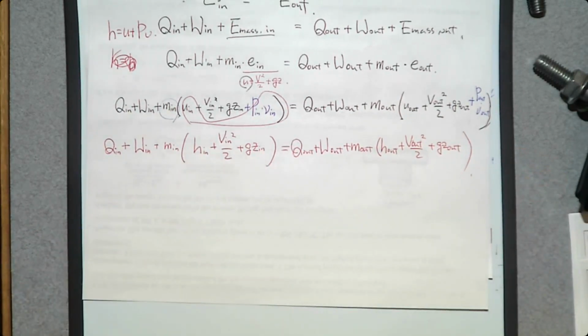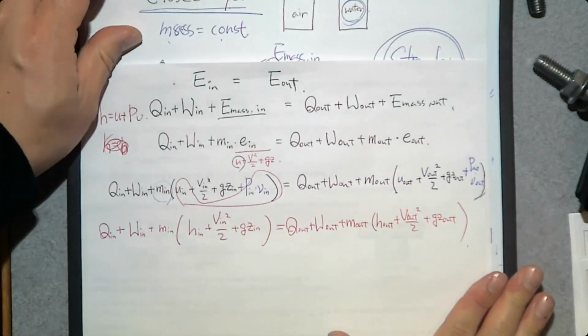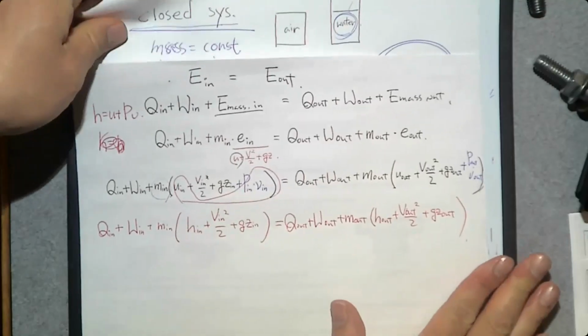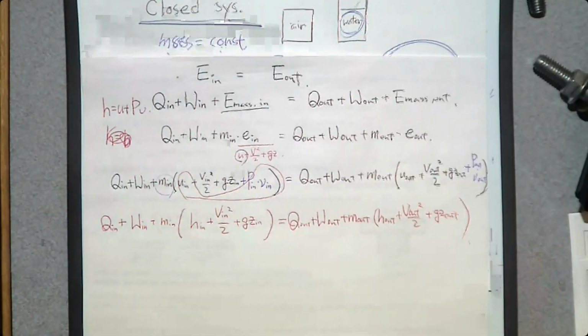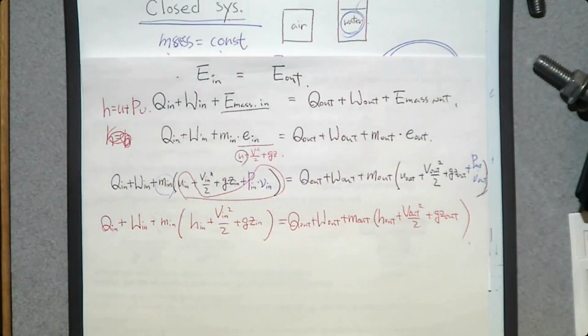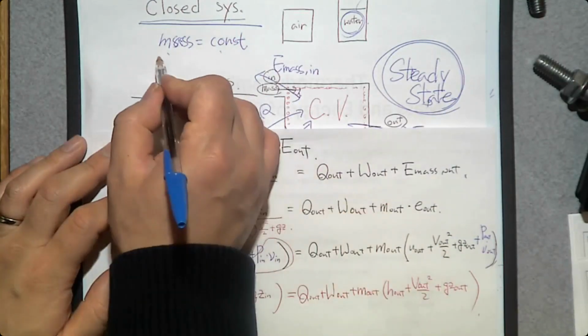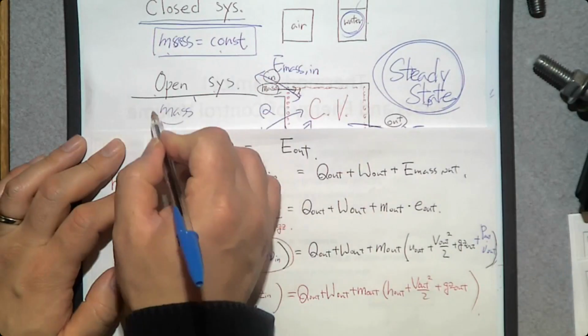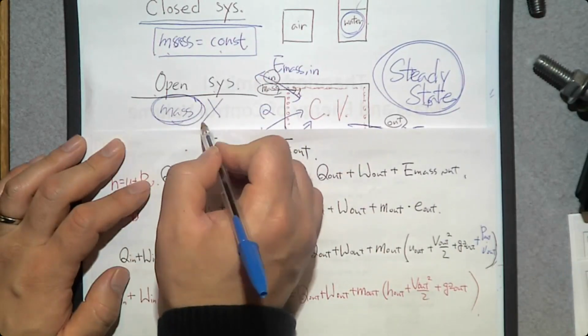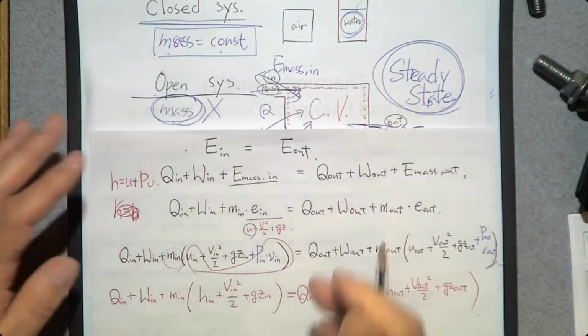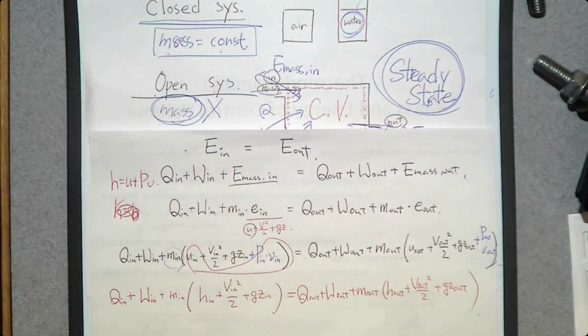But there's one more problem. There are so many problems in thermodynamics. What is the problem? What is the difference between a closed system and an open system? Yeah, in a closed system, mass is constant. In an open system, you cannot say that because you have an opening, right? So, can you determine m in, m out?